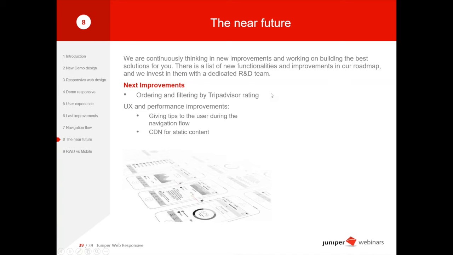Okay. So next improvements, we want to get the ordering and filtering by TripAdvisor rating. We want to improve in user experience and performance, giving tips to the user during the navigation flow. We want to have also a CDN for static content. We want enhancing specific products, as for example, vacation packages, cruises, insurance.